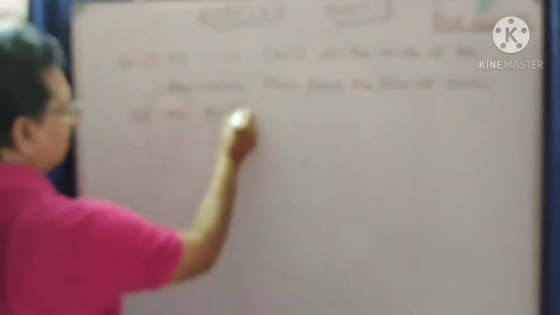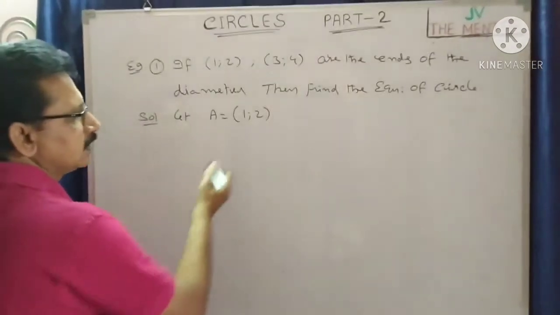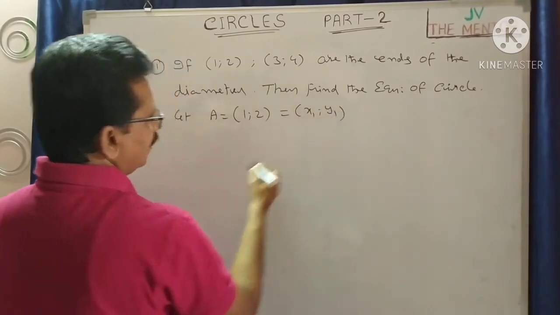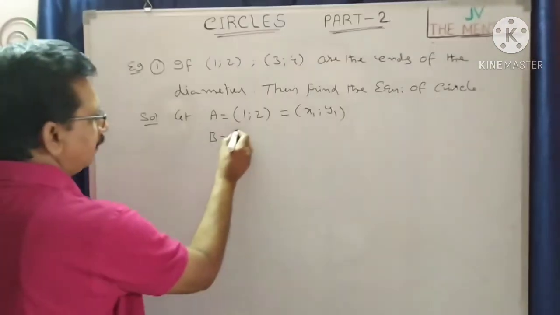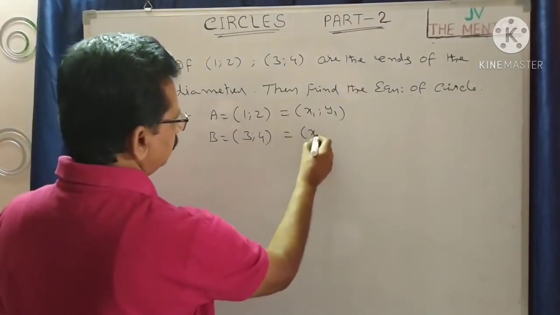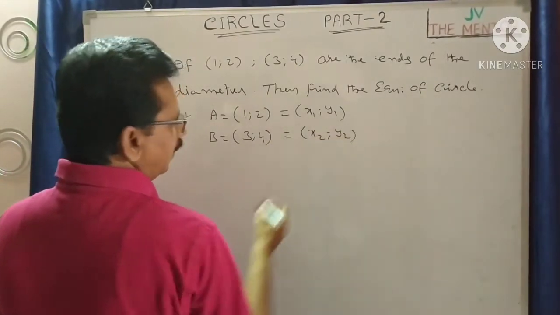Let A equal to (1, 2). This is the first point. Let it be x1, y1. And the second point is B (3, 4). Let it be x2, y2.